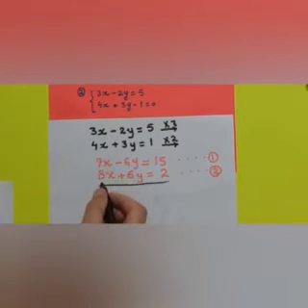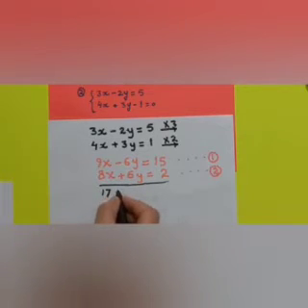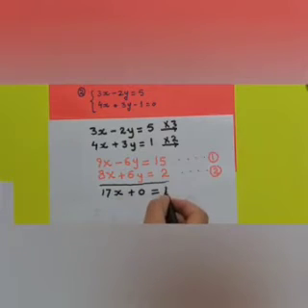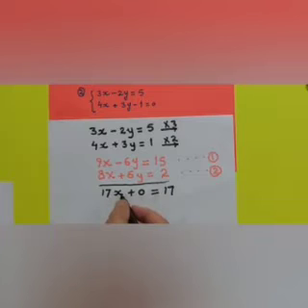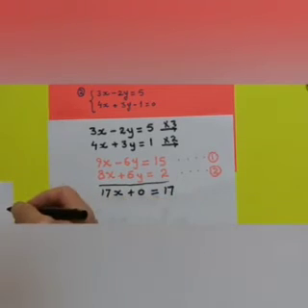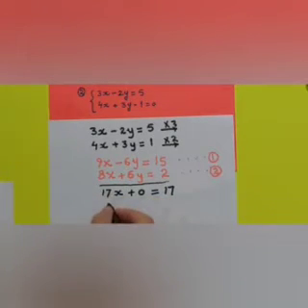Here, by adding, we got 17x, and here 0. So 17x is equal to 17. And it is the simplest form for the equation, as we dealt with the first equation.